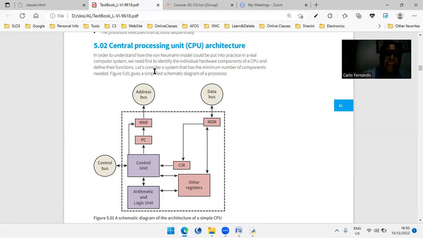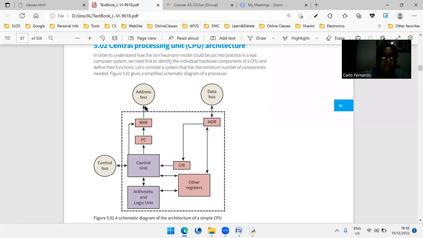We need first to identify the individual hardware components of a CPU and define their functions. Let's consider a system that has the minimum number of components needed. So this figure 5.01 gives a simplified schematic diagram of a processor. Look at it.